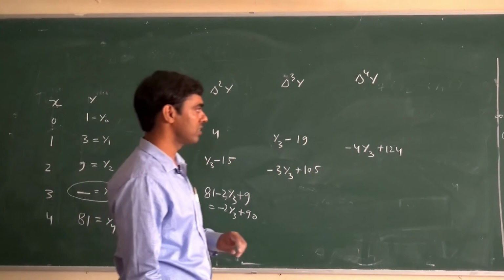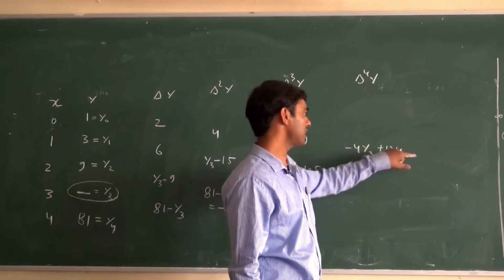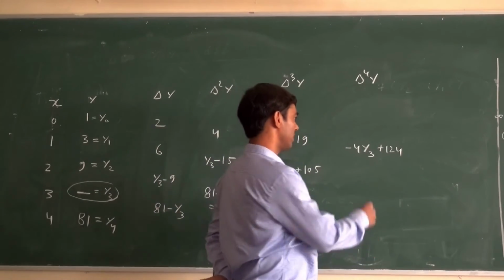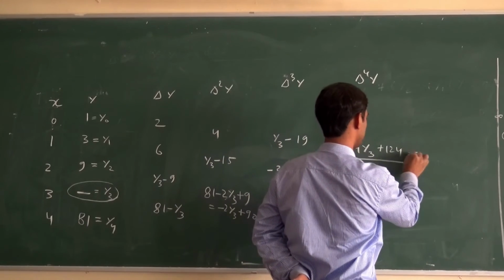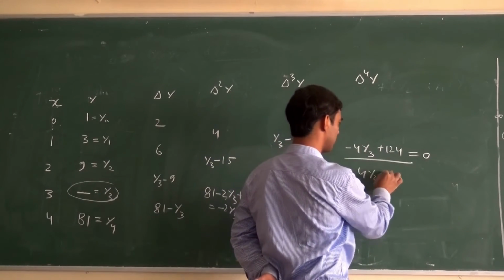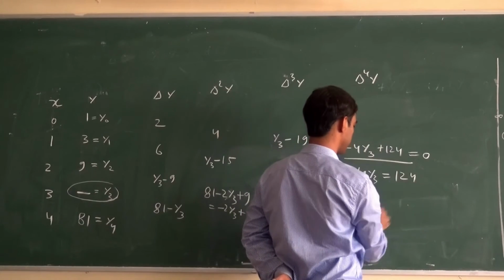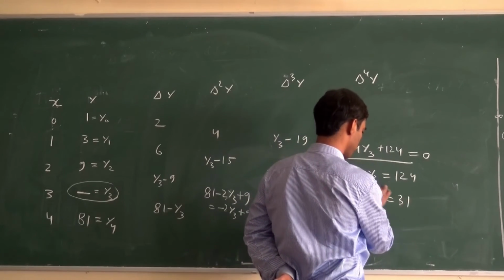With 4 known values, the fourth difference becomes 0. So the fourth difference must equal 0. If this equals 0, then 4y3 equals 124 and y3 equals 31.